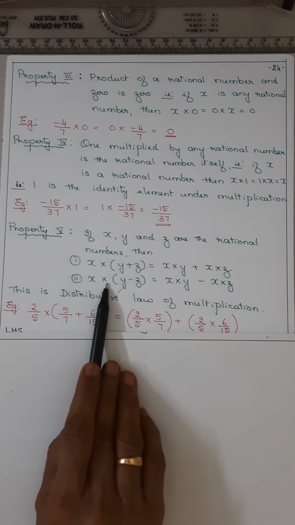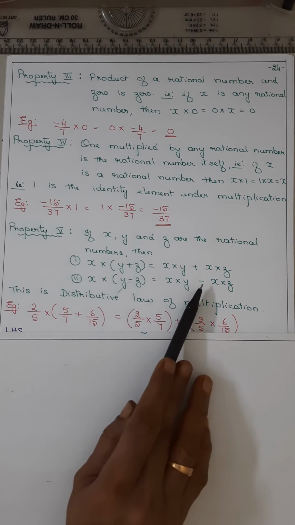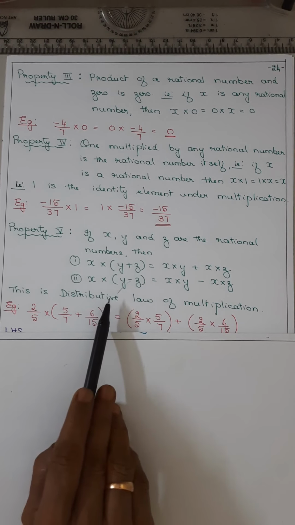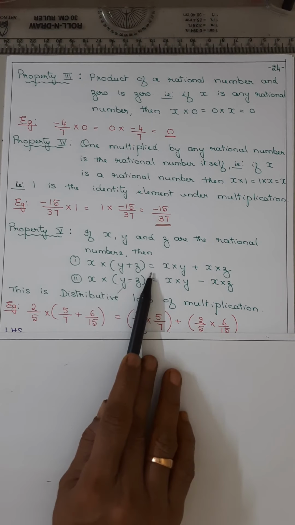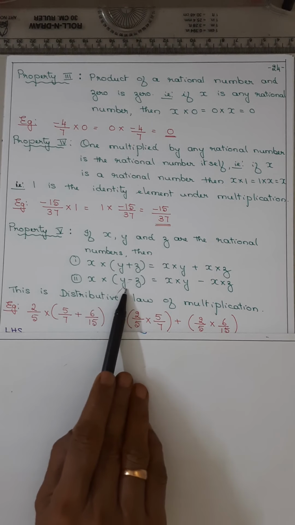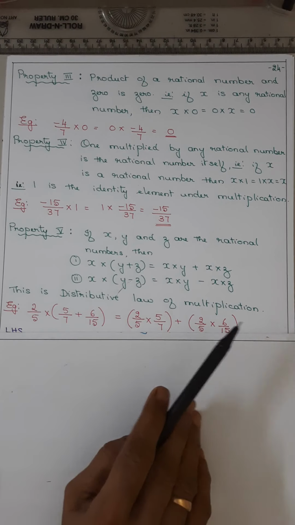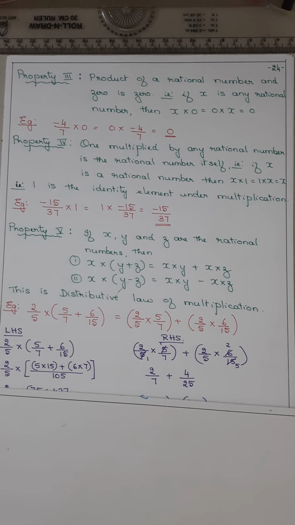So x into y minus x into z. Here, x into y plus x into z, and here x into y minus x into z. So this is called the distributive law of multiplication.